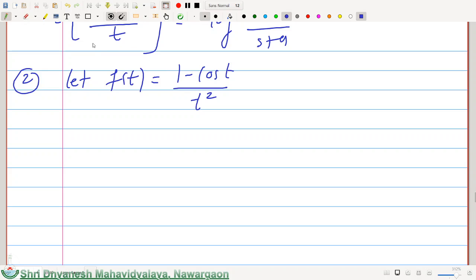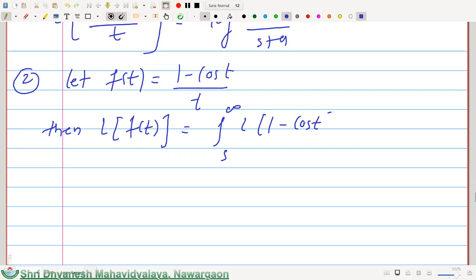Sorry, it is not 2, it is 1. So let f of t be equal to 1 minus cos t upon t. Then its Laplace transform is, Laplace transformation of f of t is equal to the integration from s to infinity of the Laplace transform of 1 minus cos t, ds.